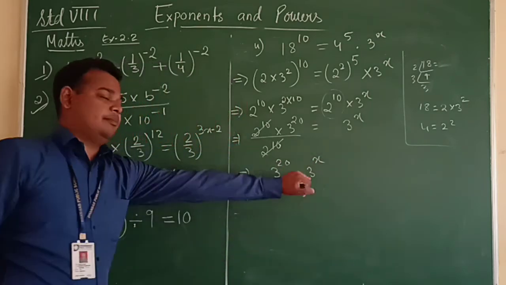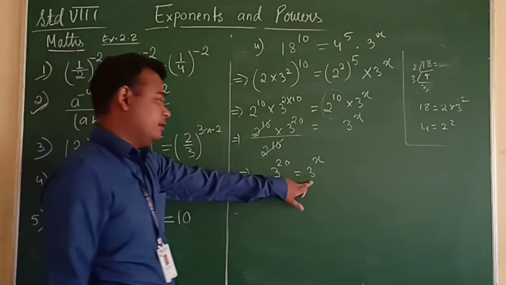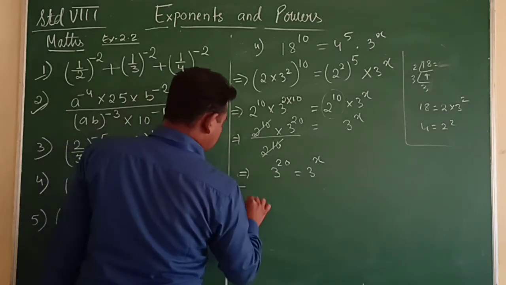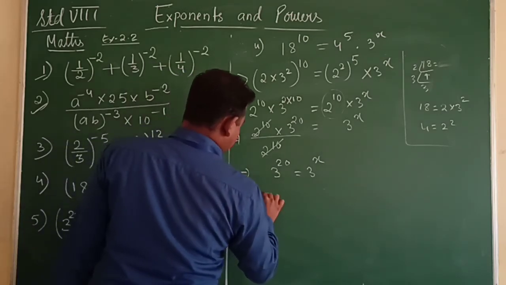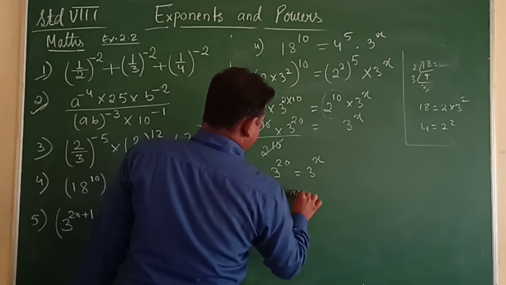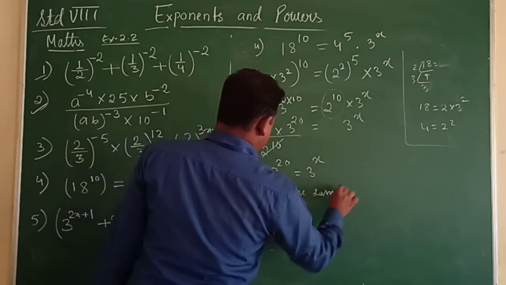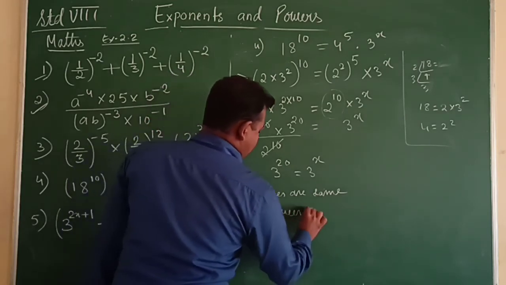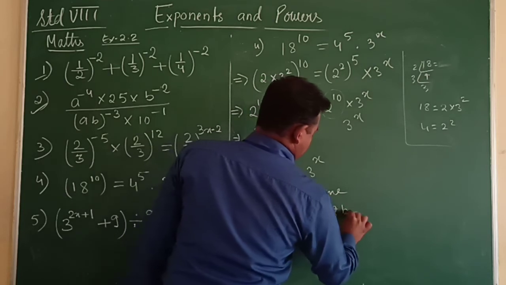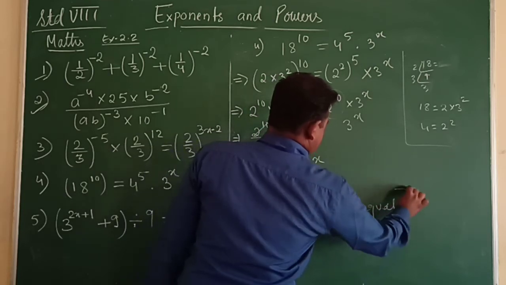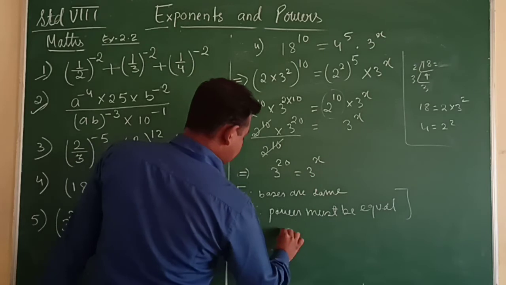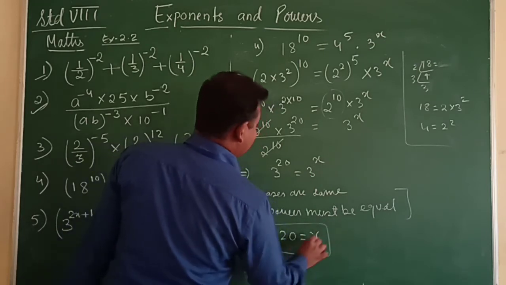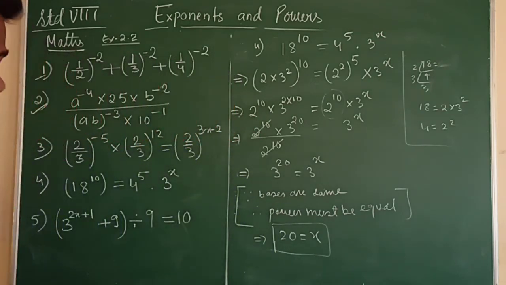As we know, both have the same base, so their powers must be equal. Which gives us 20 is equal to x. And this is our answer. The value of x we got is 20.